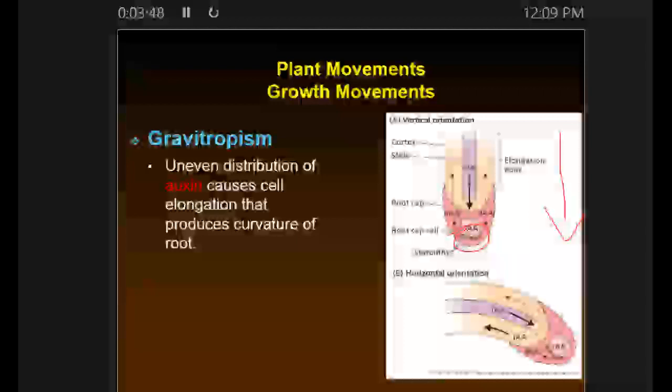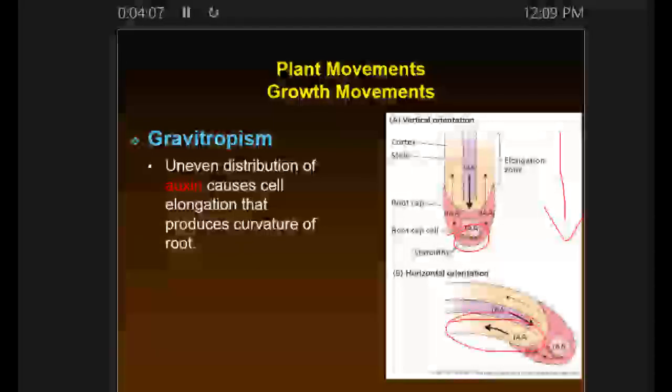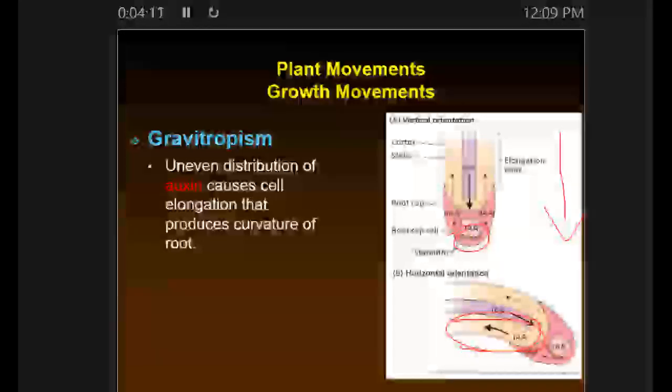Now, if you lay a root horizontal to the ground, so it's horizontal to the force of gravity, they actually see that auxin will get distributed asymmetrically in root tissue. The thicker arrow that the artist has drawn is trying to show that there's more auxin on the bottom side of the root as it's horizontal, and less auxin on the top side.